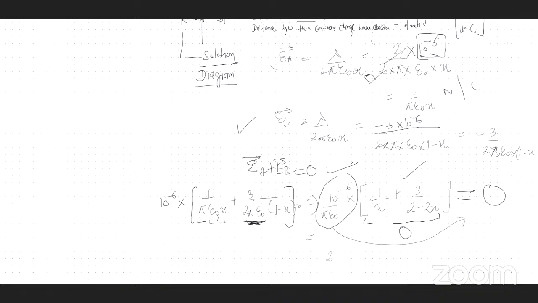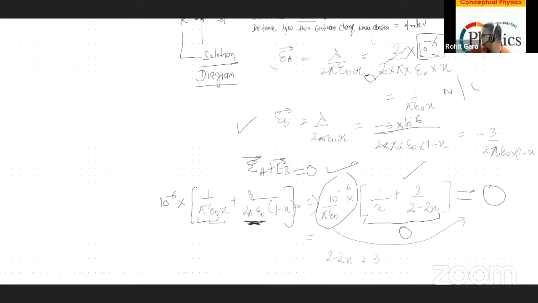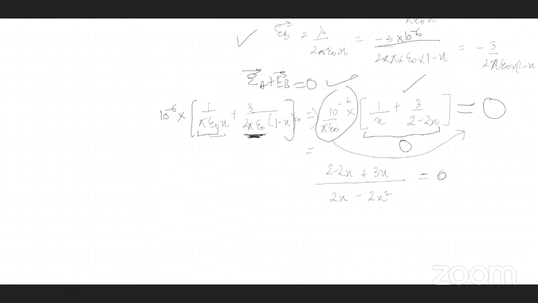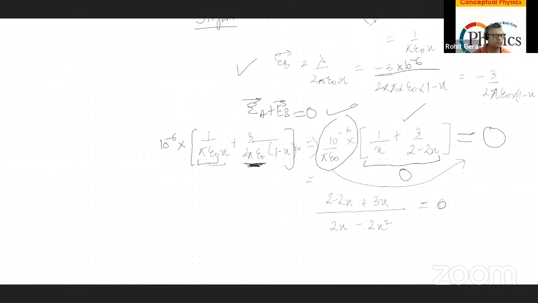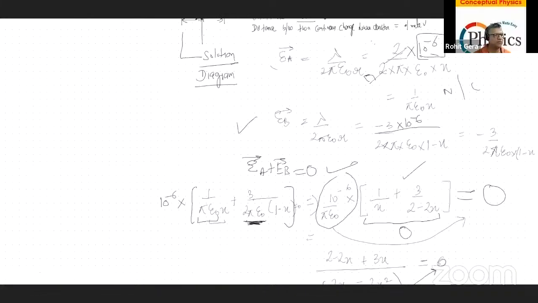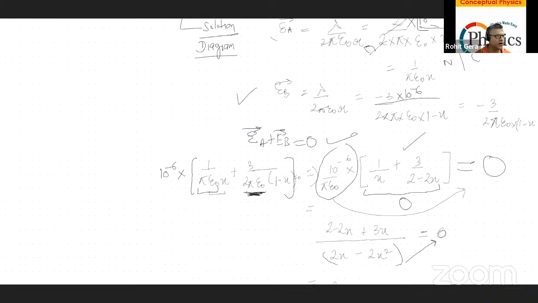I transposed it to the other side, so that became 0. So this is cross multiplication. This was minus 2, 0.1 by the way, okay? 0.1.